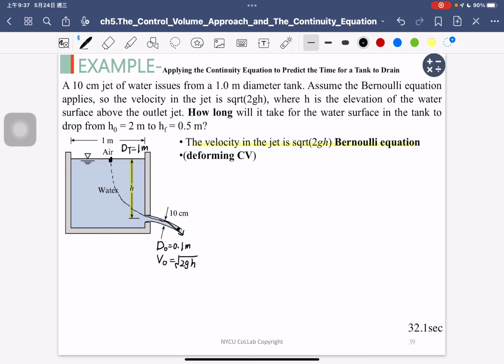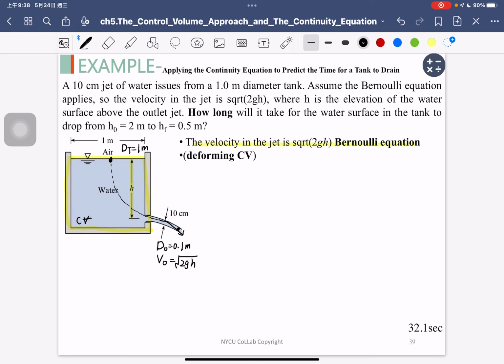If the depth of the water is large, the outflow velocity is large. For these questions, we can define our control surface boundary. For me, I will follow the water surface. The yellow line is our control surface, and the inside is my control volume.